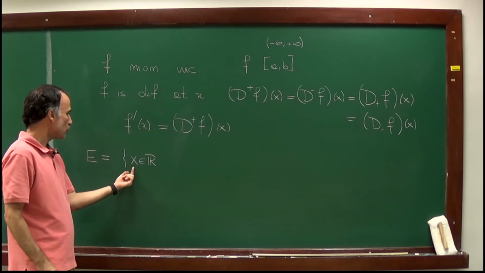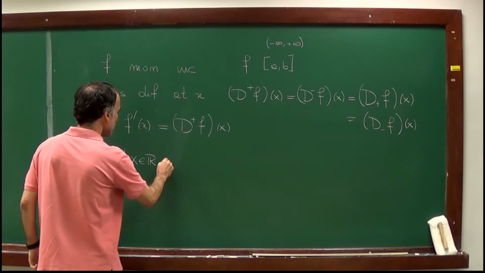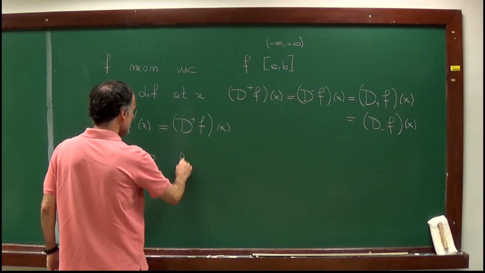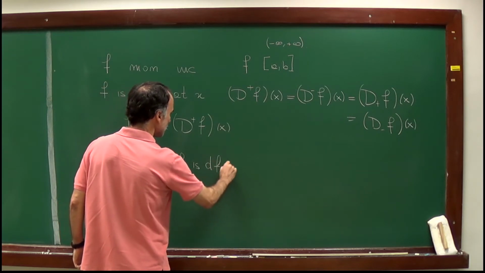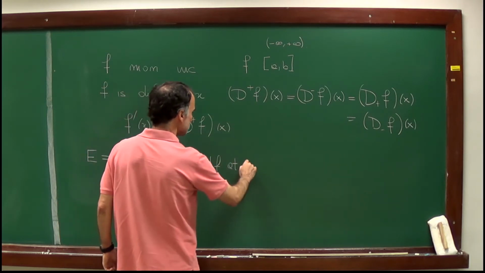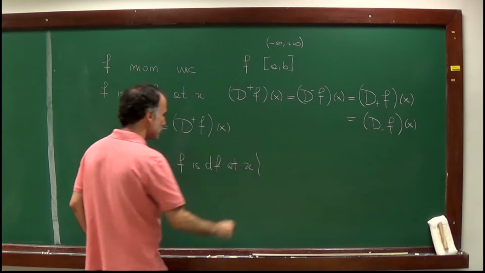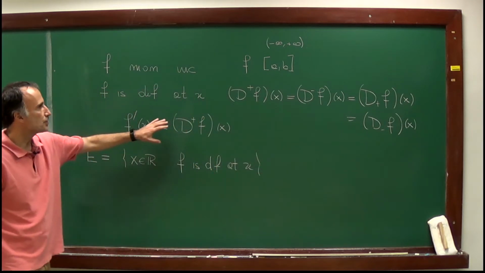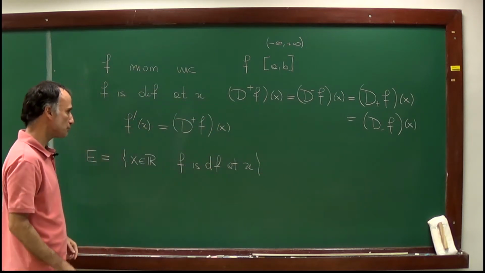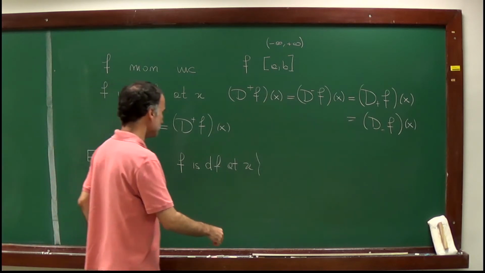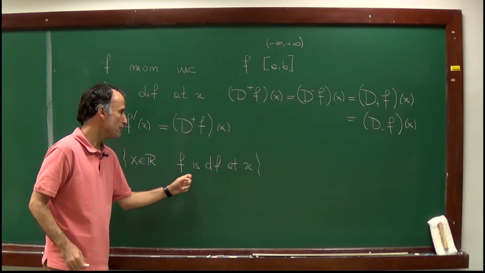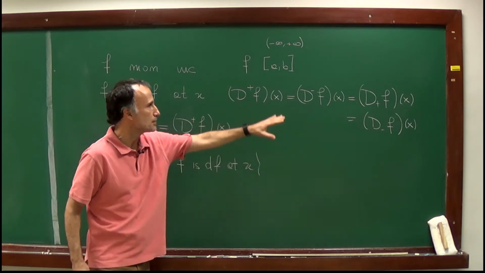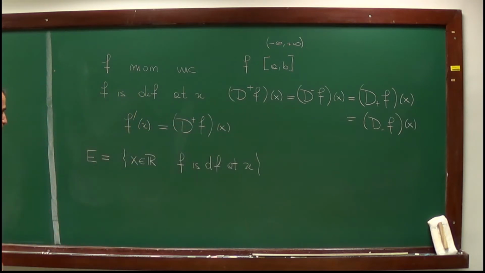So these are all the points x for which f is differentiable at x. So it's all the points x for which these four quantities are equal. Okay, so if you prefer, you can just replace this sentence, f differentiable at x, by these identities.